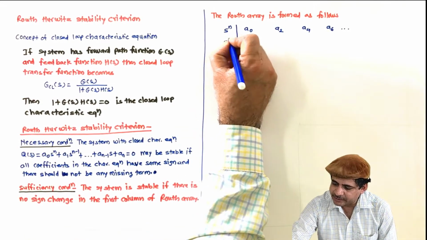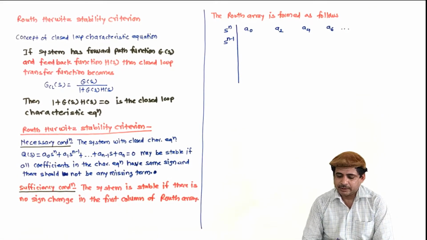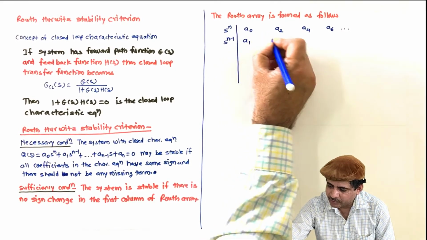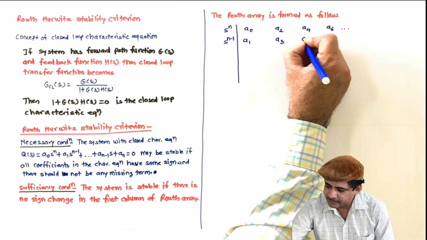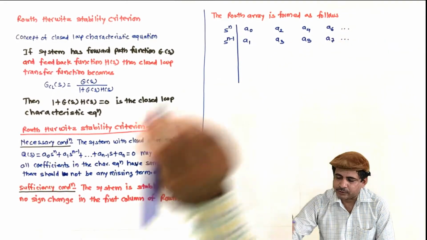Then next is s raised to n minus 1, second row, and it starts with a1, a3, a5, a7 and so on.